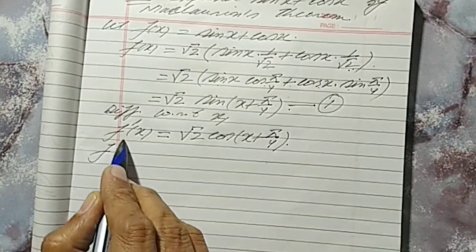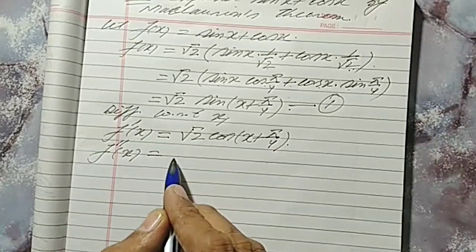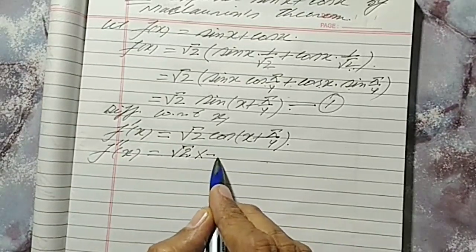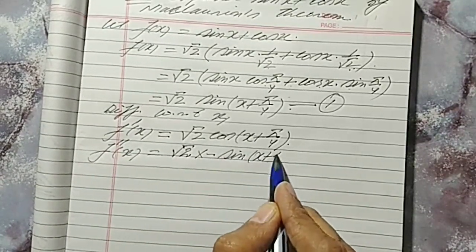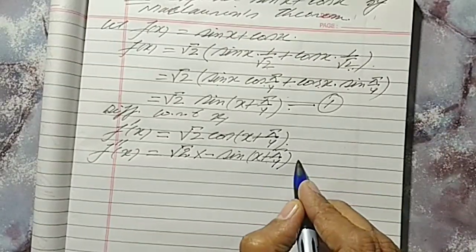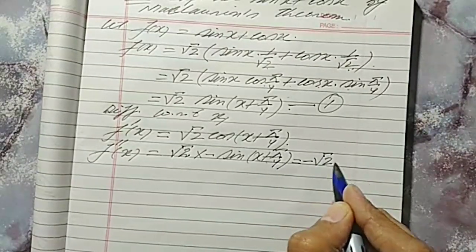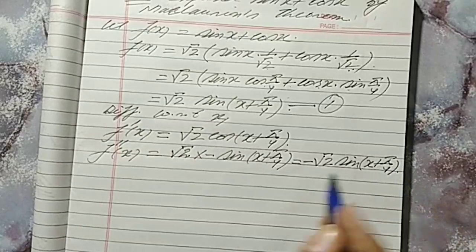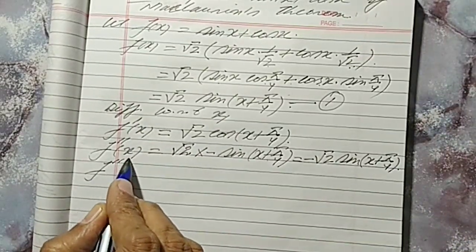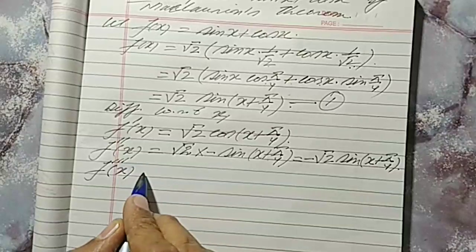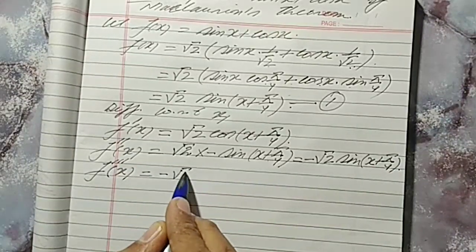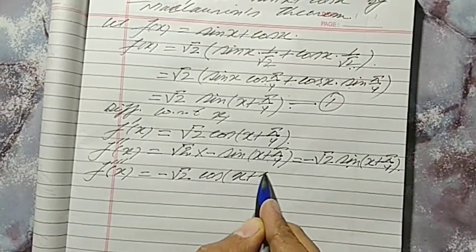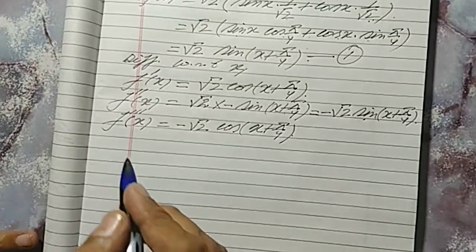Again, if we differentiate it, we get f double dash x is equal to under root 2 into minus sine x plus pi by 4, or minus under root 2 sine x plus pi by 4. Differentiating this again, we get f triple dash x as minus under root 2, and differential of sine is cos x plus pi by 4, and so on.